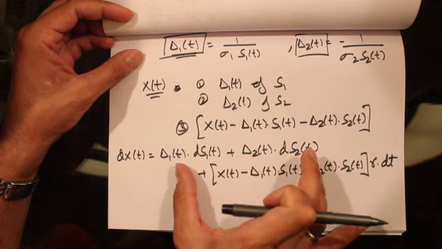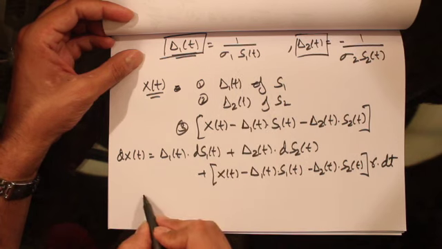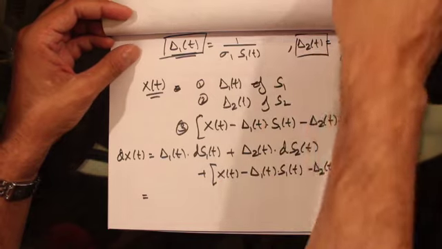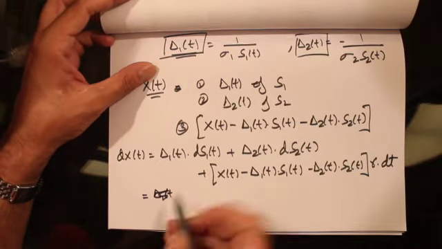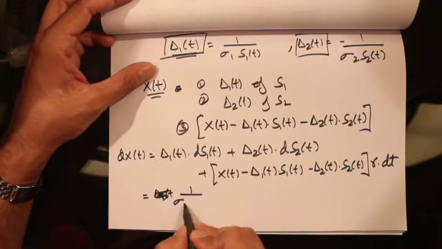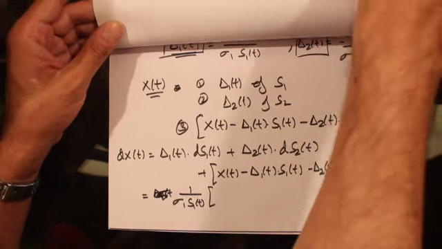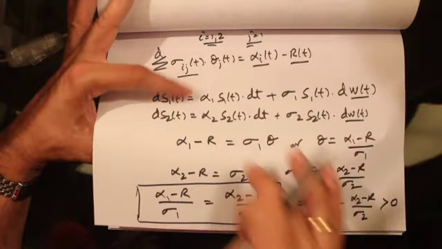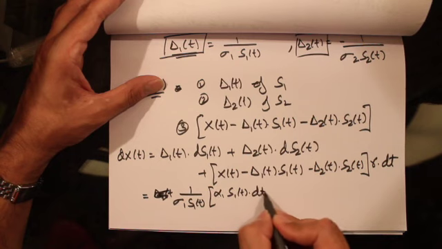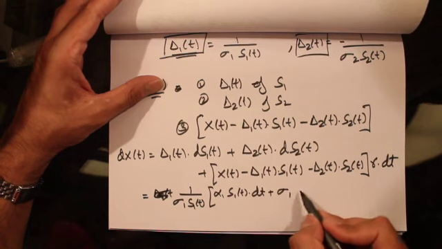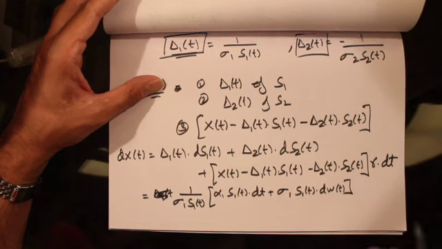Okay, and let's solve here. Now dS1(t) we said is right here. Delta 1(t) is given by 1 over sigma 1 S1(t). I'm going to write that here. dS1(t) we just said was alpha 1 S1(t) dt plus sigma 1 S1(t) dW(t), right?